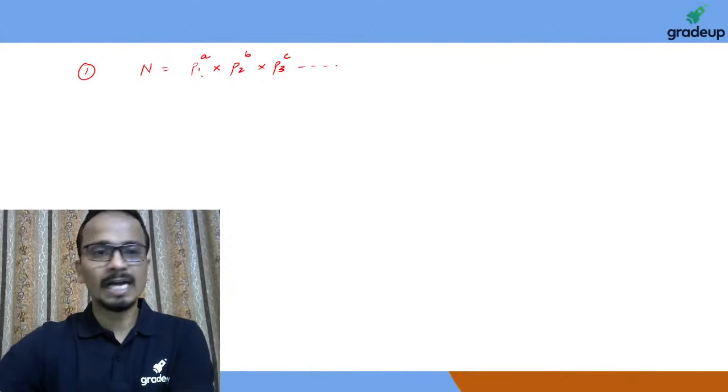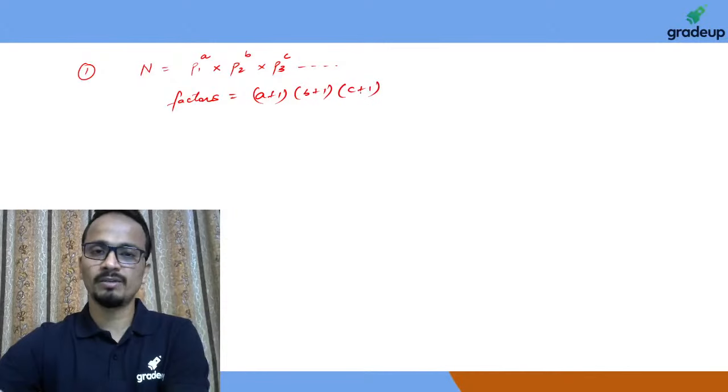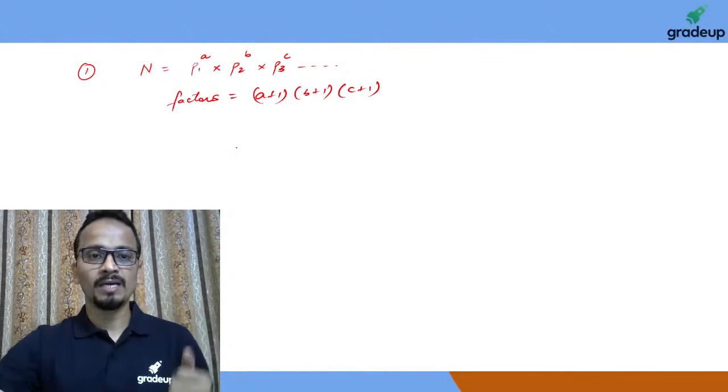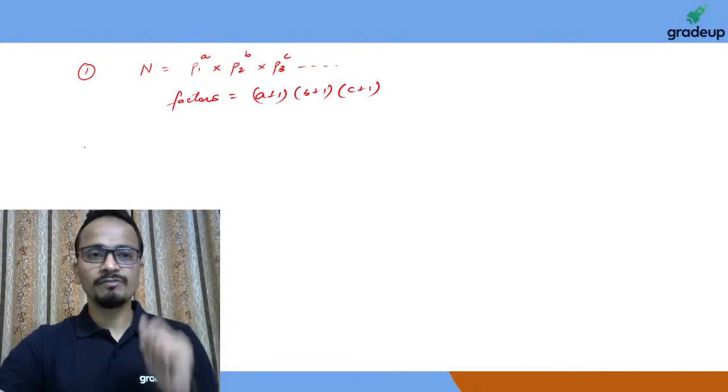Then the number of factors of this number will be (a plus 1) into (b plus 1) into (c plus 1). The students who were not there in yesterday's lecture may go back and revise it. Am I clear? So this is the first formula.